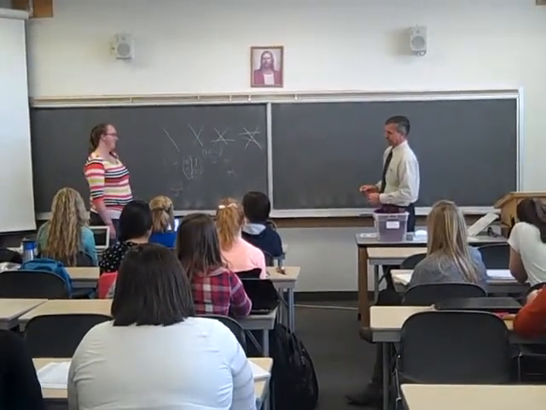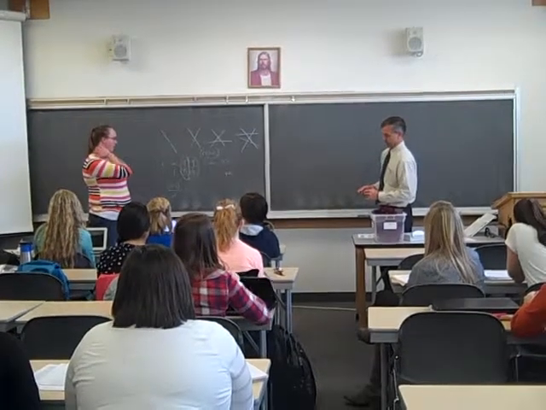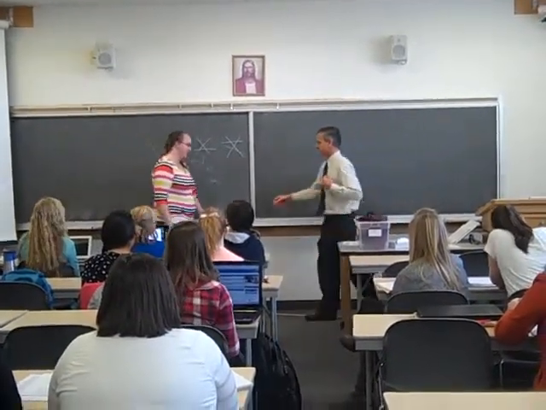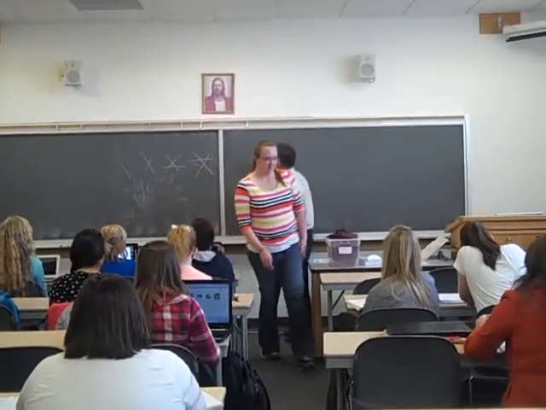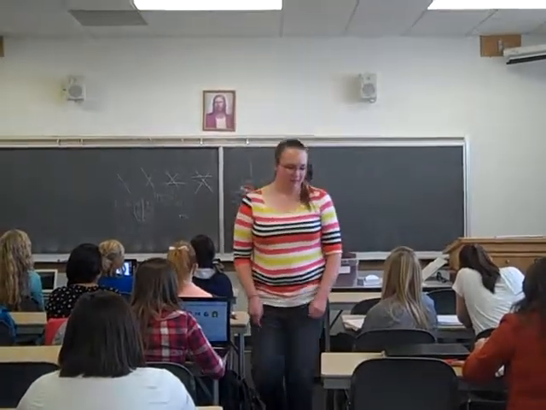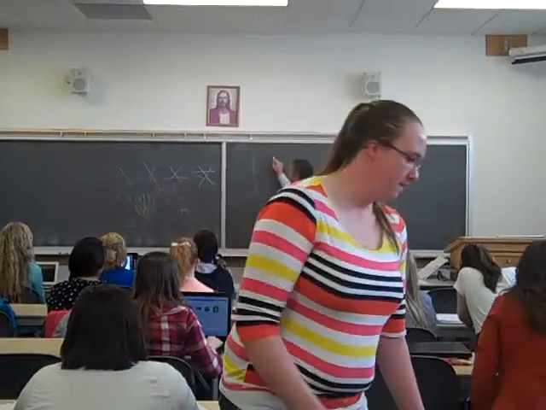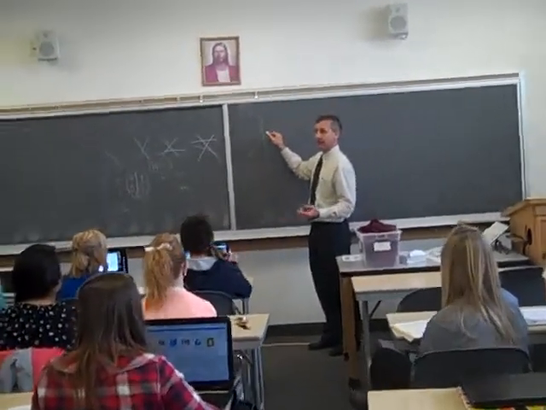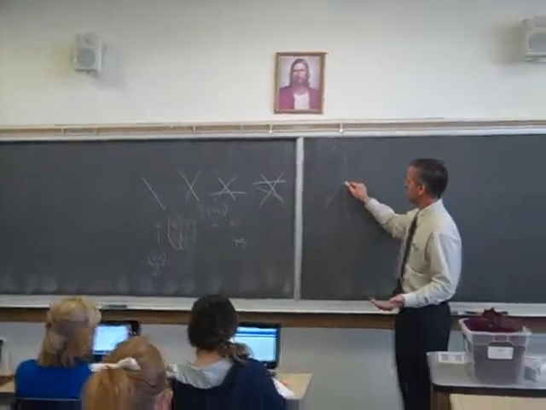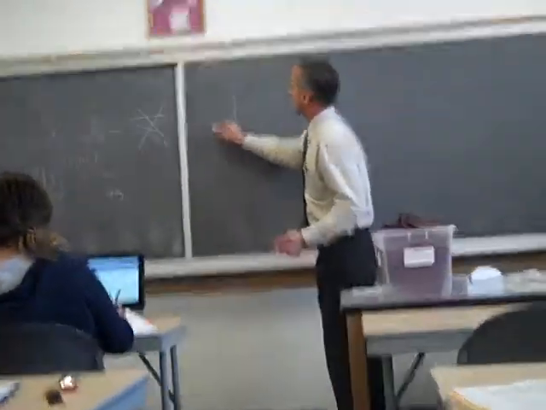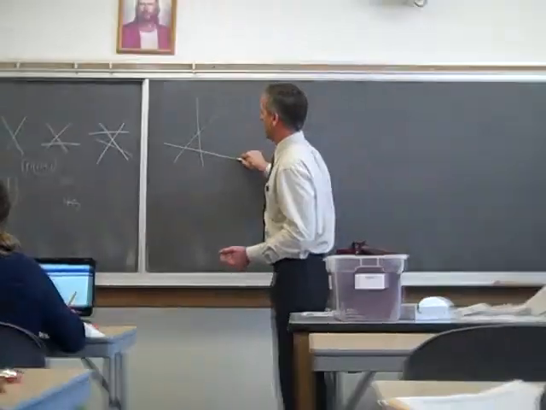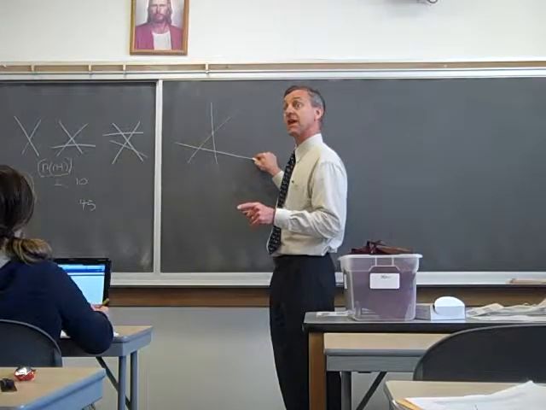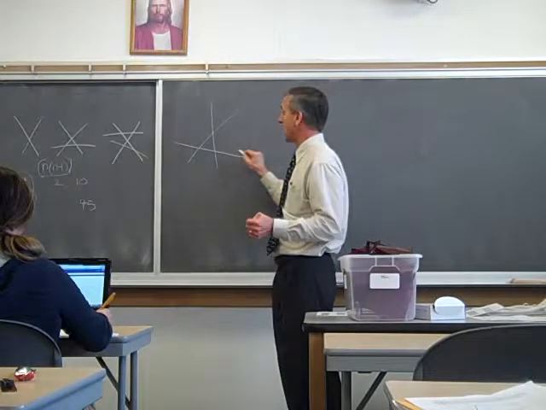I'm trying to think how to explain it differently. Let me try it more like geometry. When I have 1 line, there are no intersections, right? 0. When I draw that second line, it can only cross 1 line because that's all that's there, right? If I draw a third line and I don't want it to be parallel to any, it will intersect both. So I will get 2.